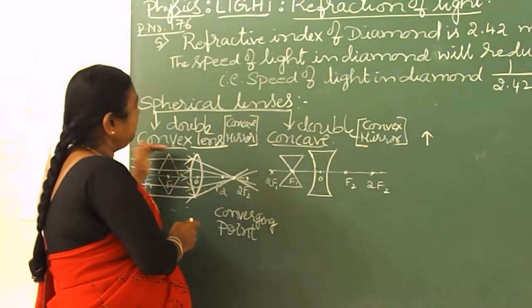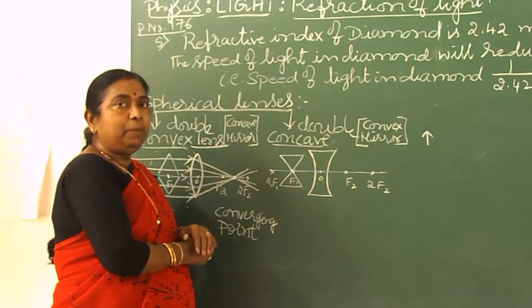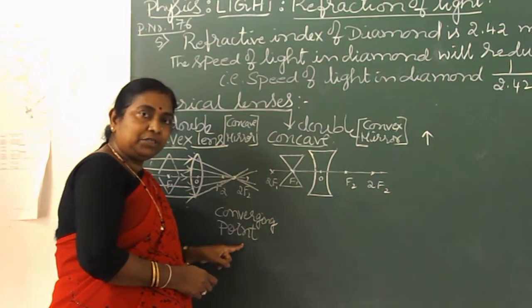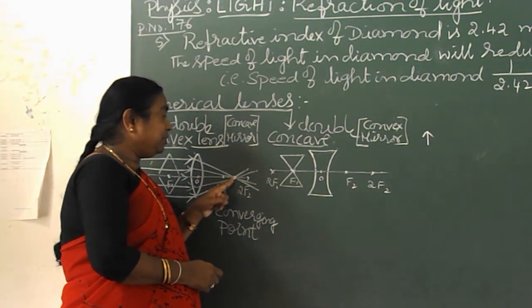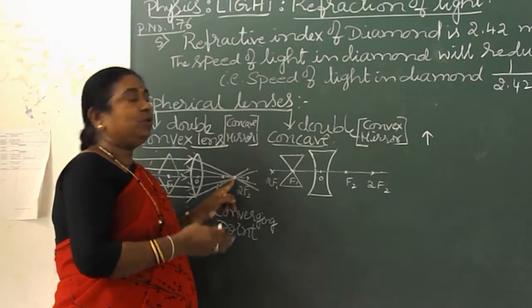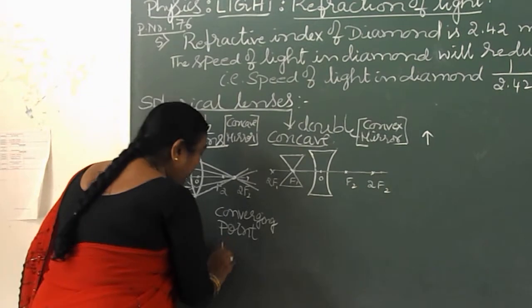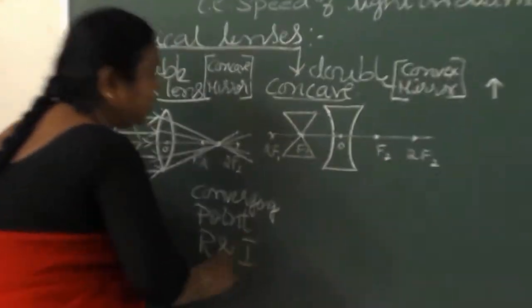When the light rays passing through the convex lens meet after refraction, we call it converging. That forms the image, which is always real and inverted.